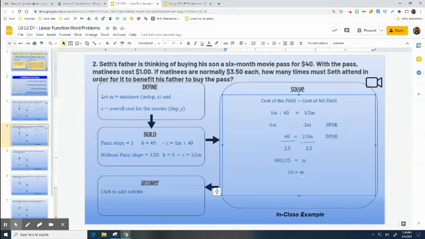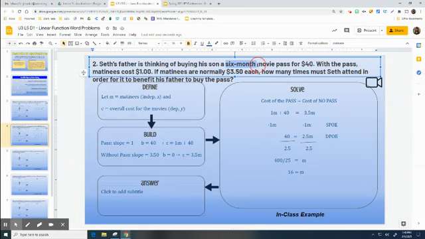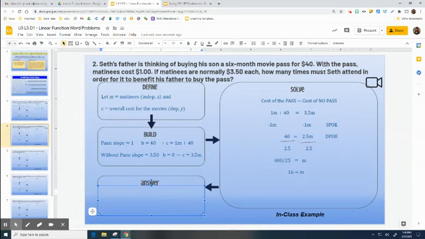I don't earn any money for 16. So that means if Seth attends fewer than 16 movies in that 6 months, it's better for him not to buy the pass. But if he's planning on watching more than 16 movies in that 6-month period, it makes sense to buy the pass. So the question is, how many times must Seth attend in order to benefit? So 16, there's no benefit. 16, they're equal.